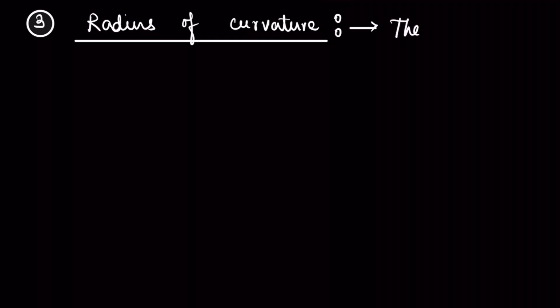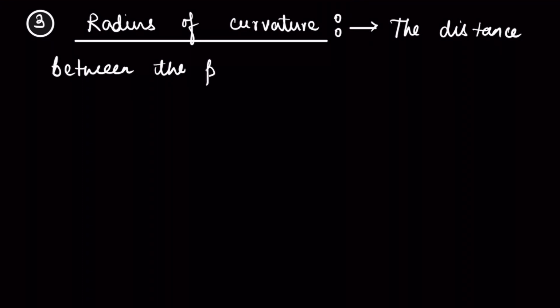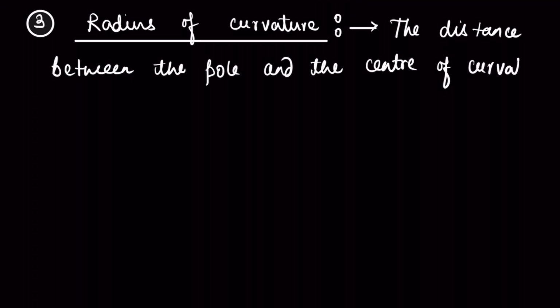Next term is radius of curvature. The distance between the pole and the center of curvature is called as radius of curvature.